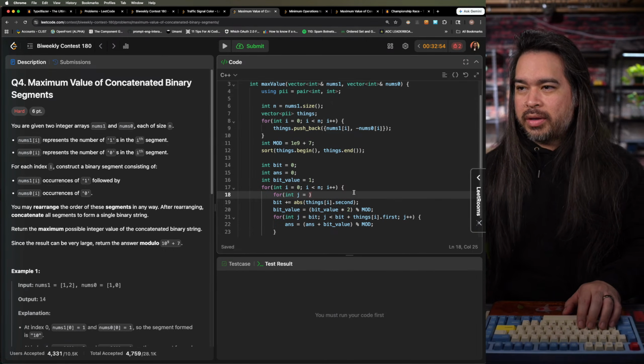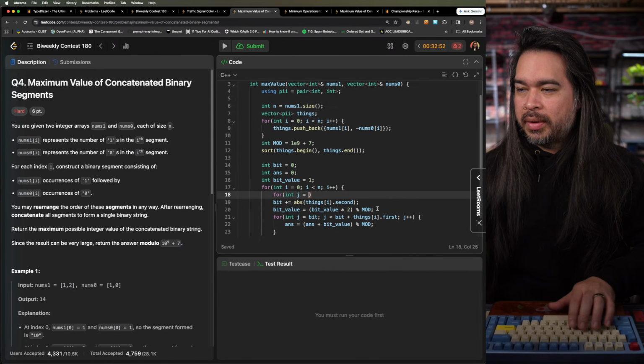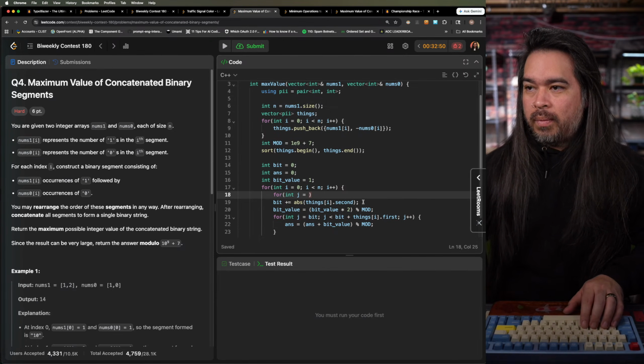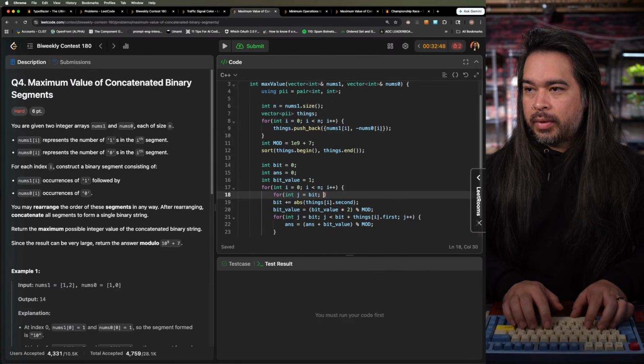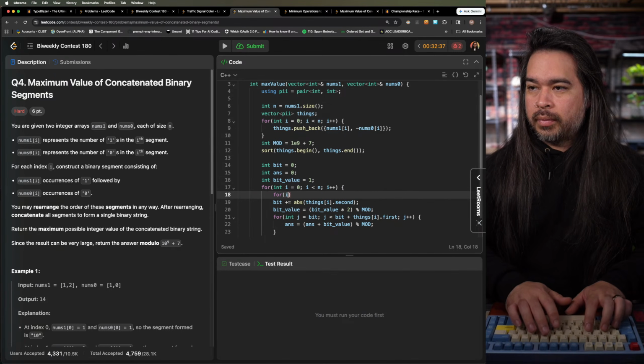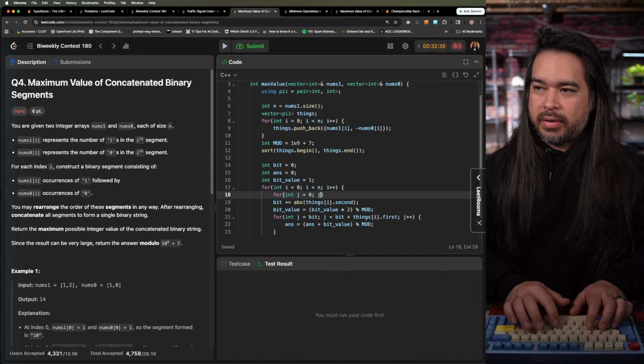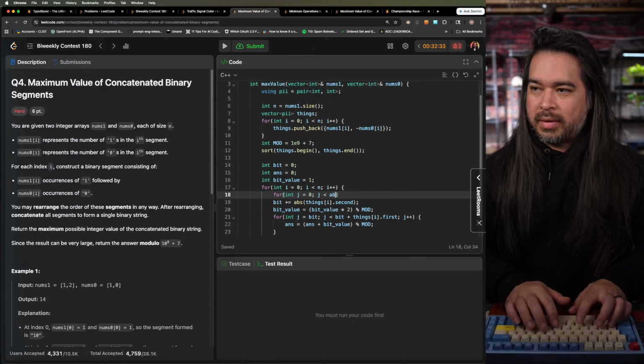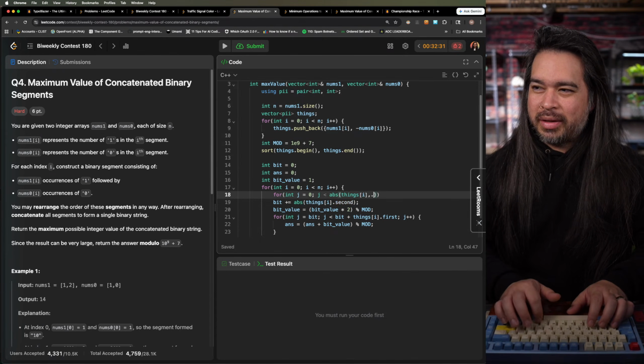Wait, oh shit, what am I doing? J equals 0, J less than... What am I doing, man?